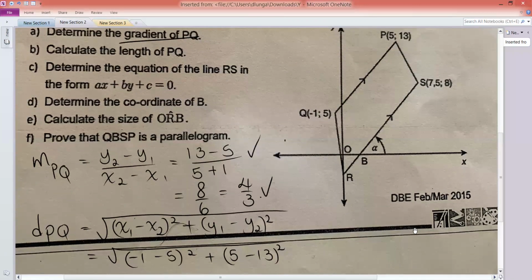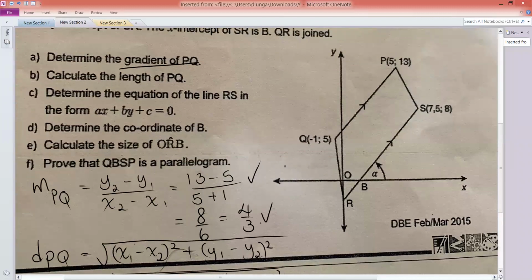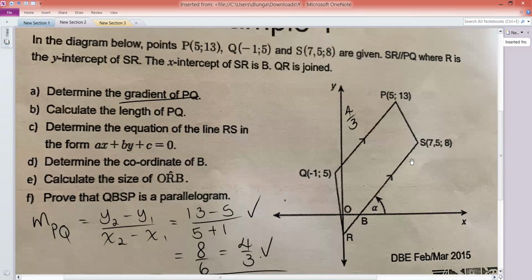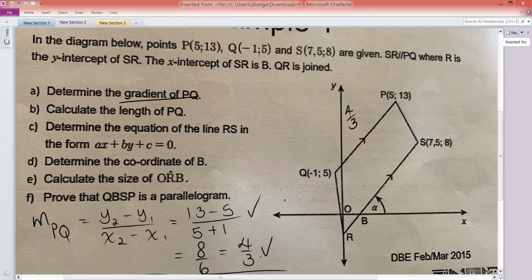Now what do we know? We worked out PQ, and this gradient here was 4/3. They also told us, remember up here, SR is parallel to PQ. So what would the gradient for SR be as well? It would also be 4/3.